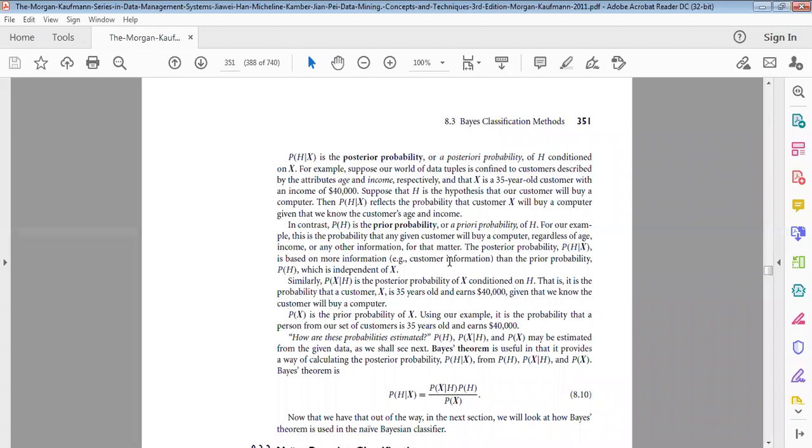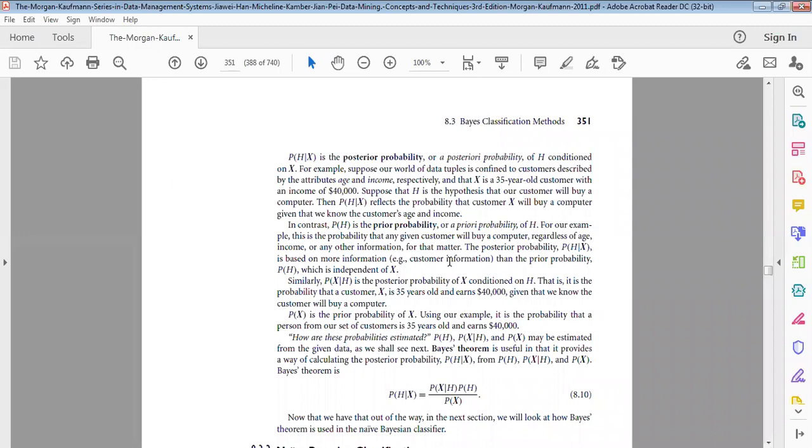The posterior probability of X conditional on H is the probability that a customer is 30 years old and earns 40,000, given that we know the customer will buy the computer. The prior probability of X, using our example, is the probability that a person in the set of customers is 30 years old and earns 40,000.